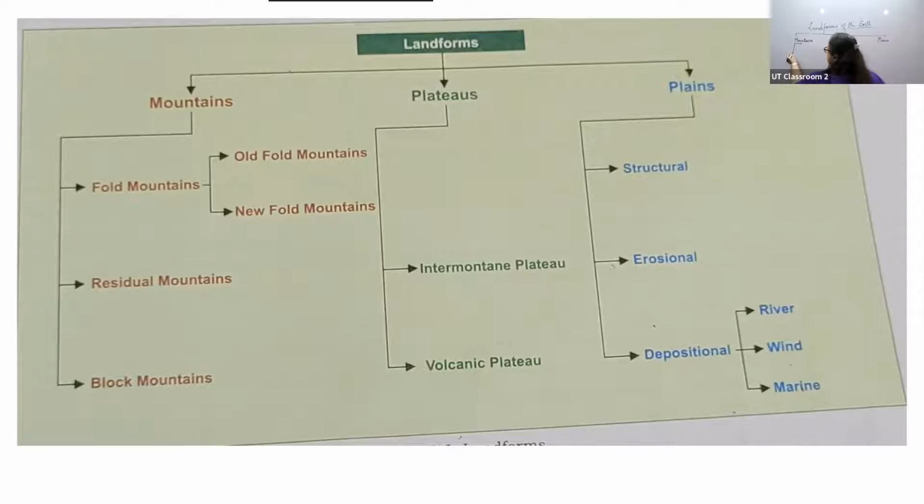Old mountains. Residual mountains. Block mountains.